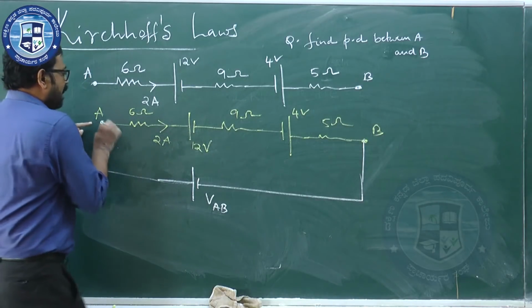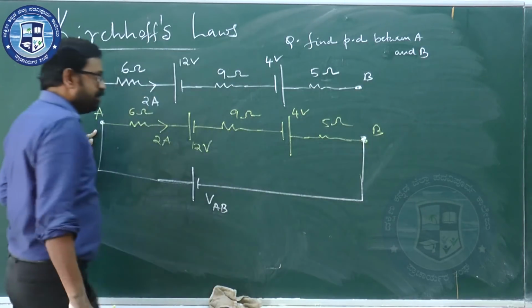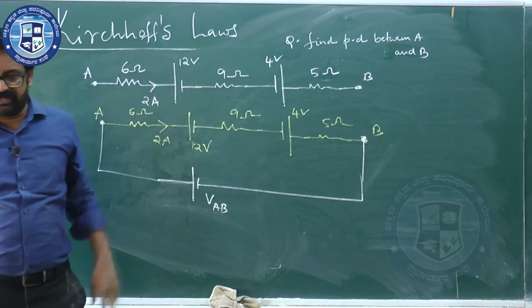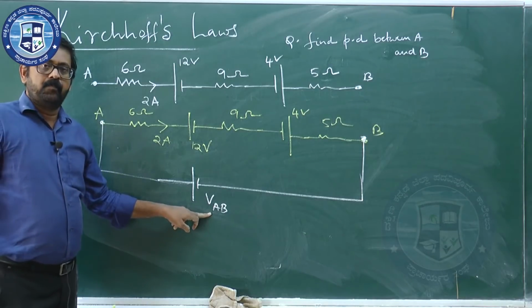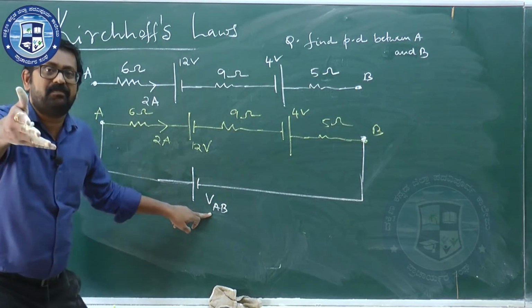You have to connect a battery across the two points A and B, across which you are asked to find the potential difference, and that battery will have a negligible internal resistance.